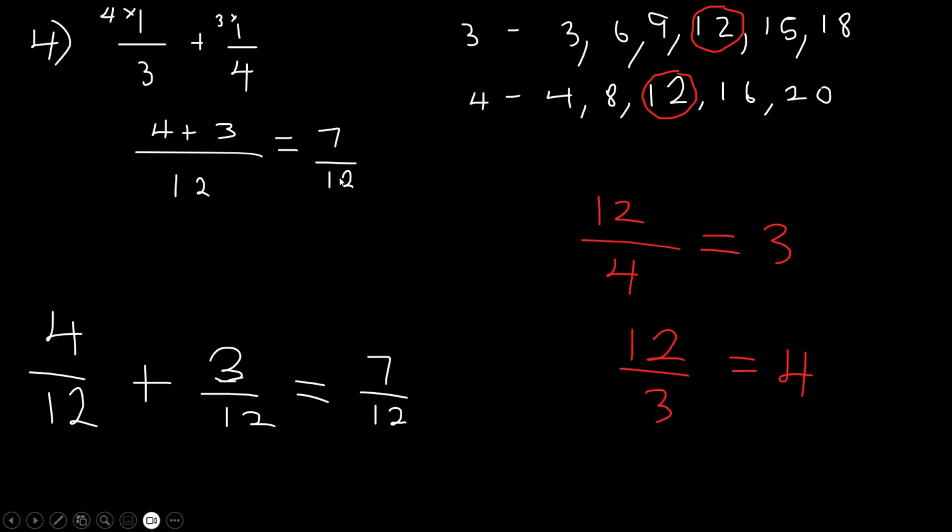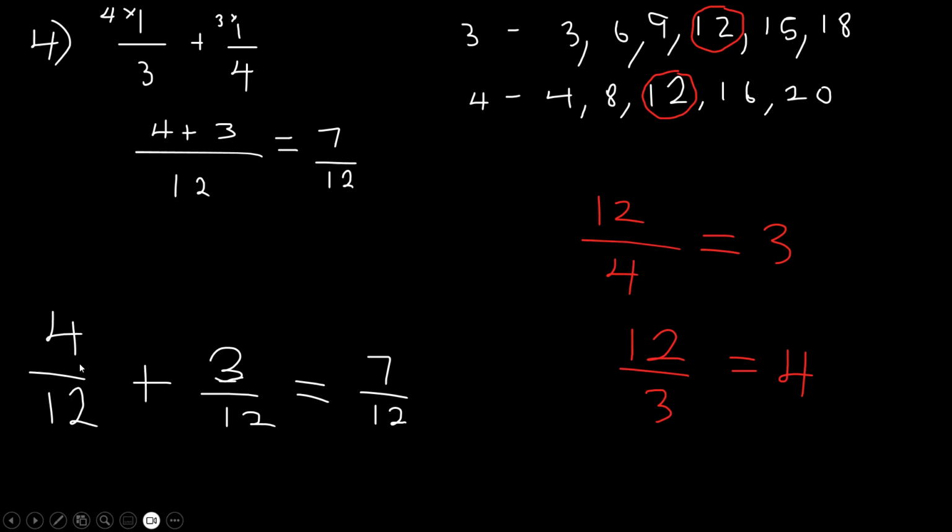Now, you may ask yourself, why do I have to use this method? Is there any relationship with our first method and this method? Well, 1 over 3 is actually the same as 4 over 12. 1 over 4 is the same thing as 3 over 12.